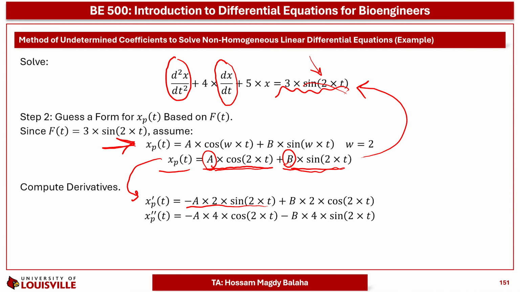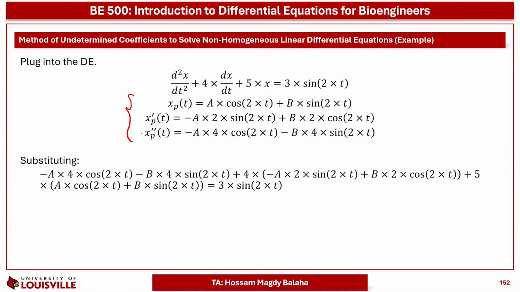For the second part, the derivative of sine is cosine 2t multiplied by b multiplied by 2. For the second derivative, it will be cosine 2t multiplied by negative 2a multiplied by 2, which is negative 4a. And for the other part, the derivative of cosine is negative sine 2t multiplied by 2b multiplied by 2, which is negative 4b sine 2t.